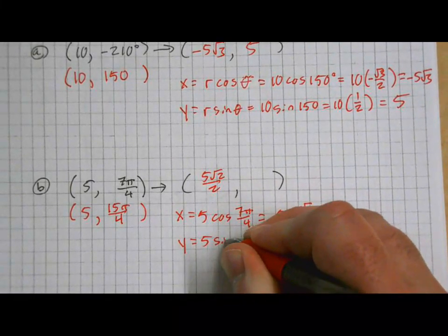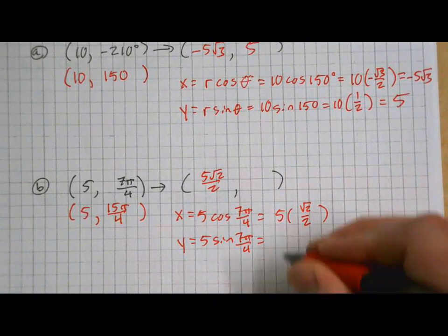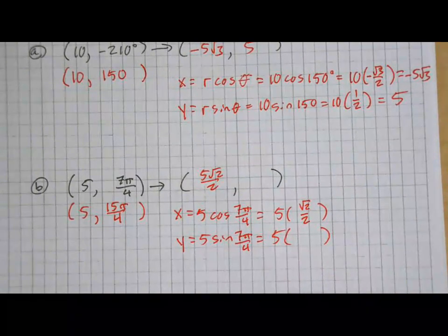And y is the same thing except sine. Quadrant 4 sine is negative.